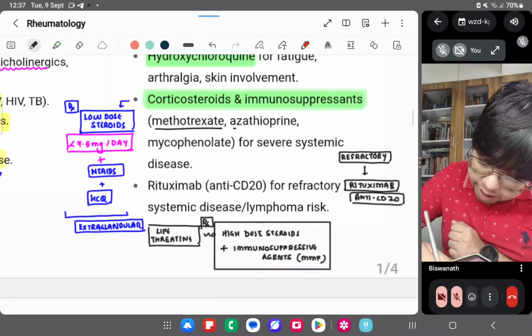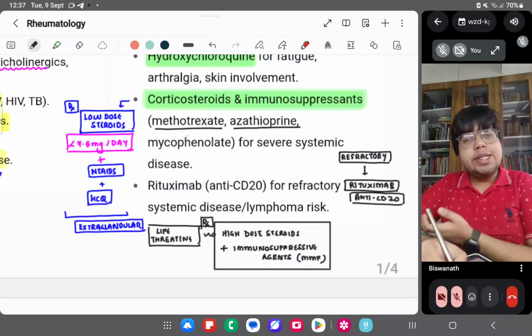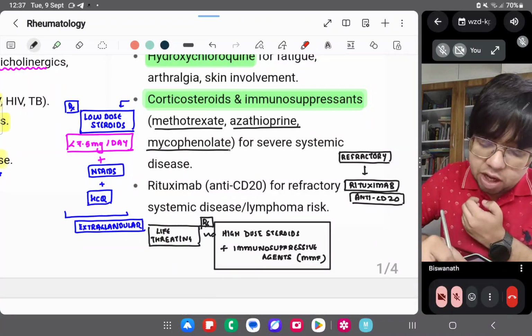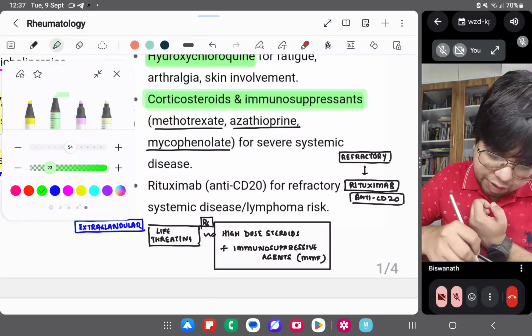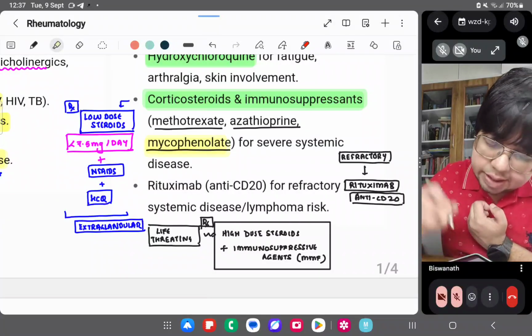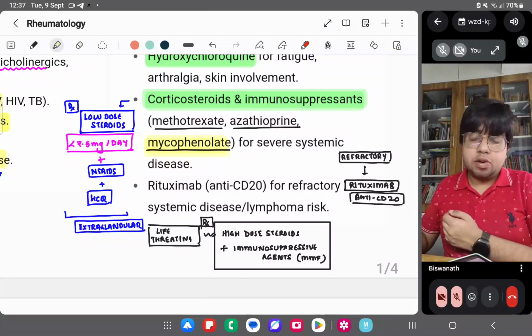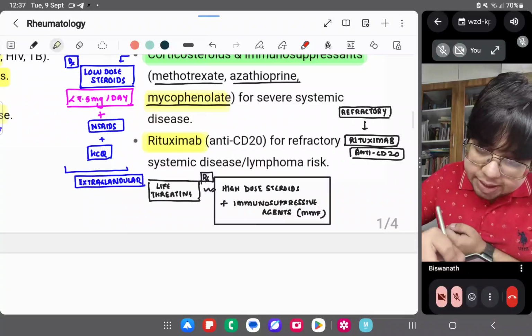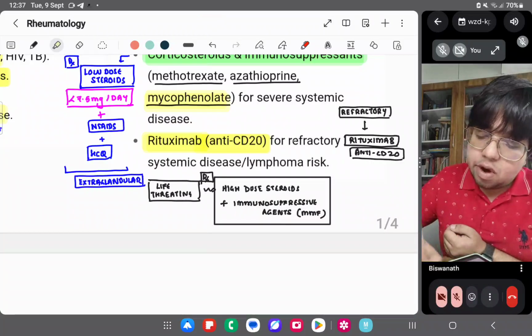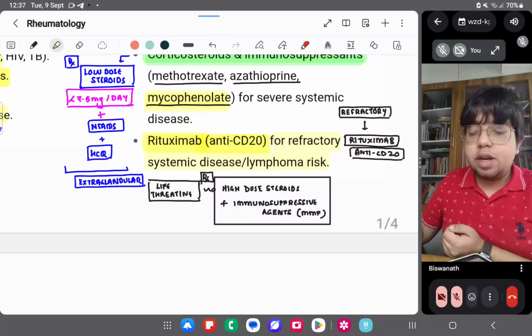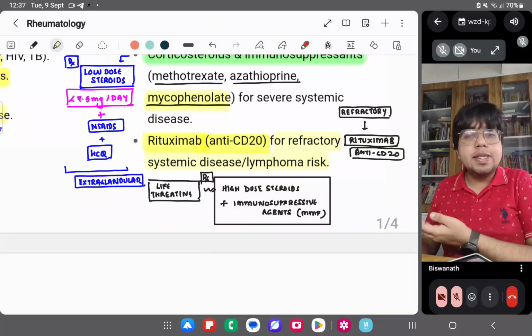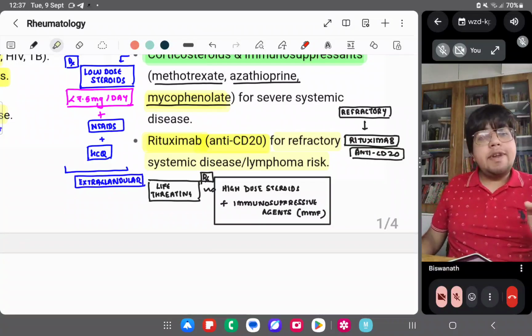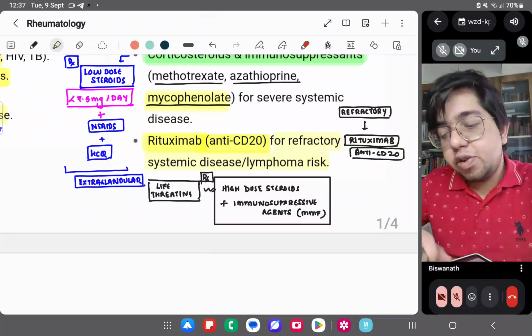Methotrexate can be given, and azathioprine, but methotrexate has many side effects, so it is not that preferred. Mycophenolate is a wonderful drug, for severe systemic disorders. And rituximab, that is anti-CD20, is for refractory systemic disease or lymphoma risk. I told you about lymphoma risk also; in severe refractory disorders you can use rituximab.